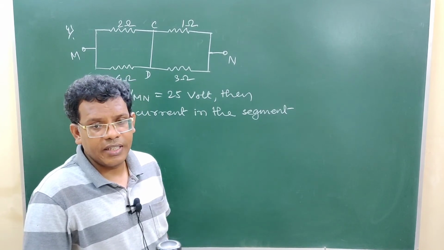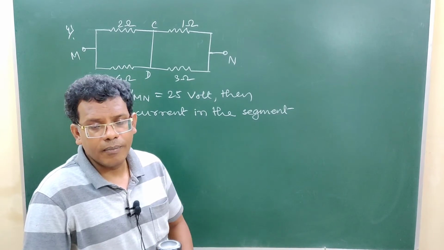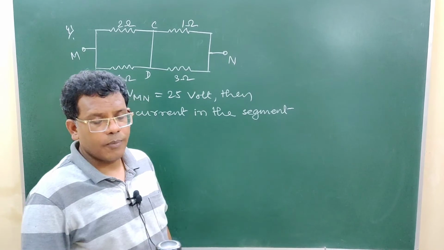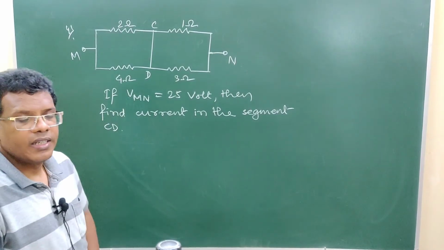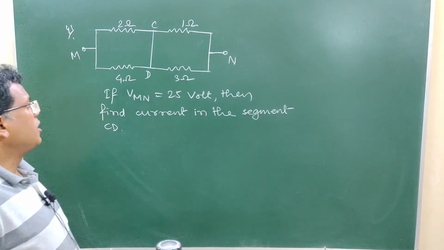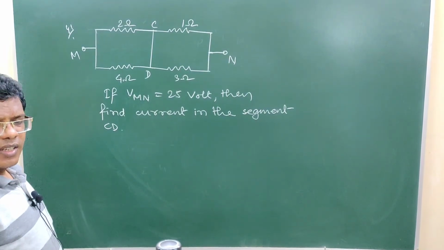But before reaching the steady state, definitely some current might have flown through the connector, through that path, so that finally it becomes zero potential difference across that connection.